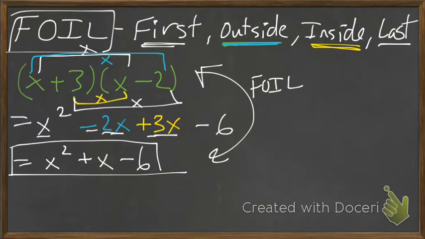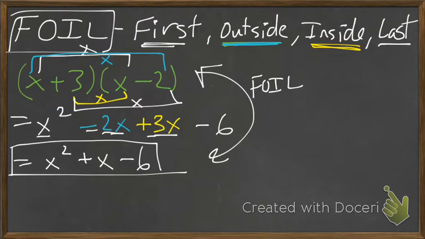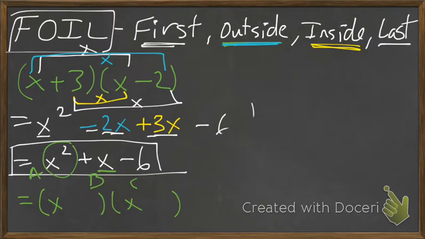Now, if we were to work backwards, if I didn't have this information and I wanted to go back into my standard form, I would have to think about how I could get back to x, x in brackets, because that's what our factored form looked like. My a value we know is going to be 1. This is my b value. A, b, and c. So let me erase this and give myself some more room here.